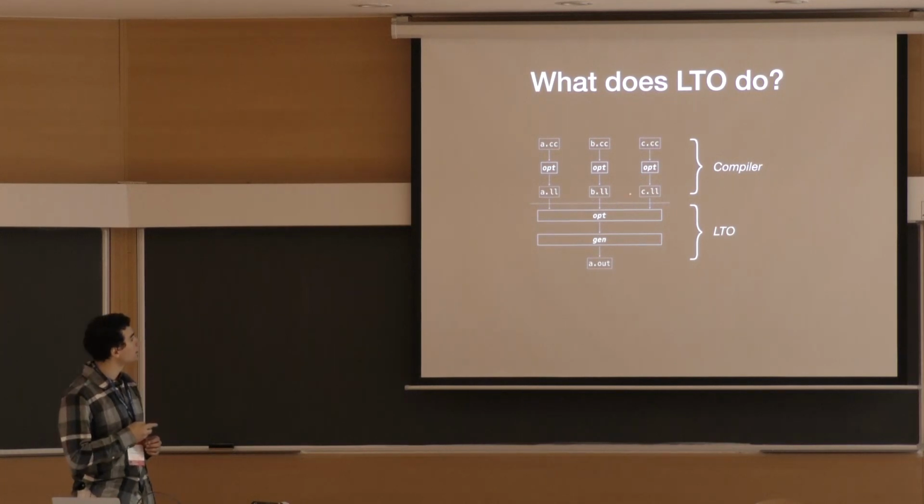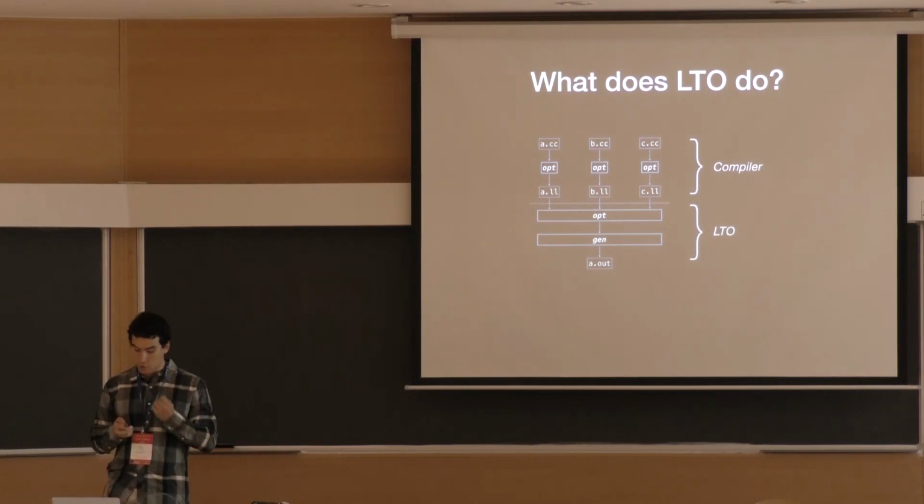And what we do here is that instead of generating machine code and creating object files for each translation unit, we stop, we save the intermediate representation, and then we group all the intermediate representations together, and then we pass them to an optimizer and generate the machine code for the final executable.